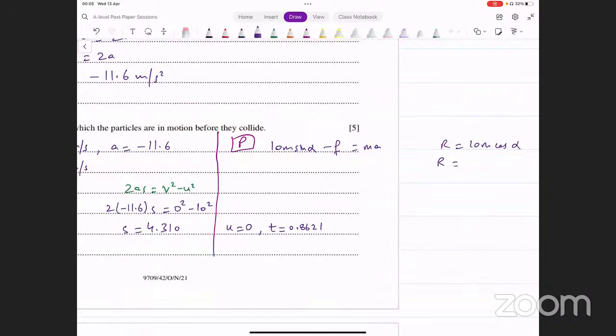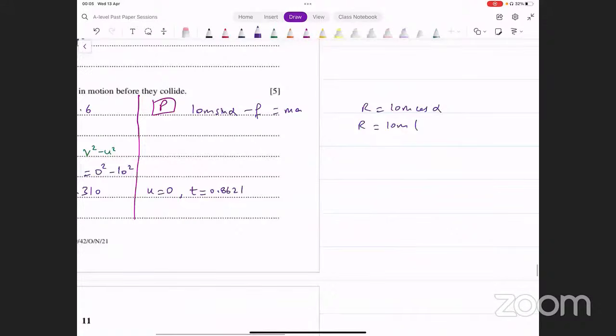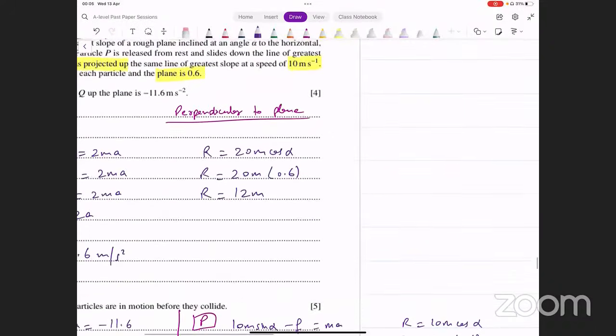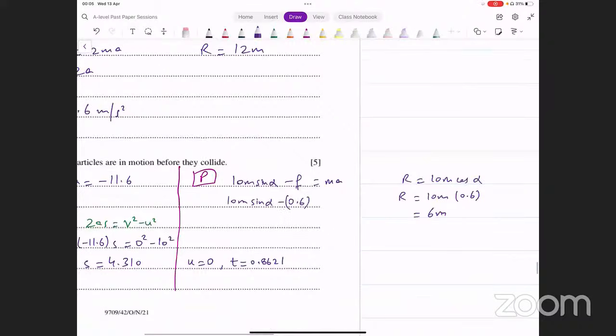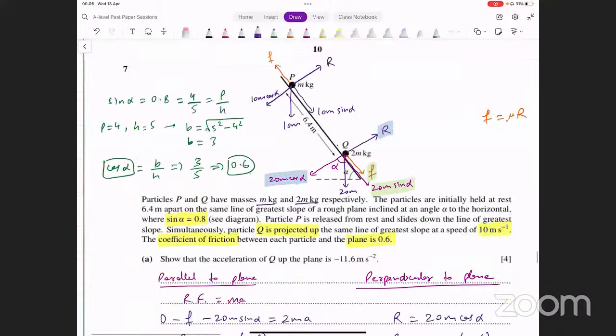Now what's the value of R that we get from this, 10 into m into cos alpha, cos alpha की value क्या थी, 0.6, we input that here, R equals 6m, अब 6m को यहाँ पे जाके input कर दें, 10m sin alpha, friction की जगह पे μR आ गया, μ की value was 0.6, R is 6m, we've got ma on the other side, m सारे cancel हो जाएंगे, sin alpha की जगह पे मैं यहाँ पे लिख देता हूँ, क्या था 0.8 I think, sin alpha was 0.8, yes.